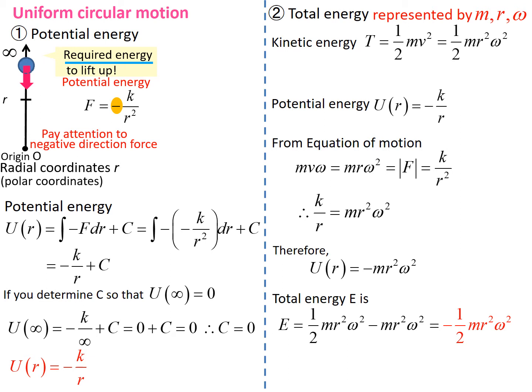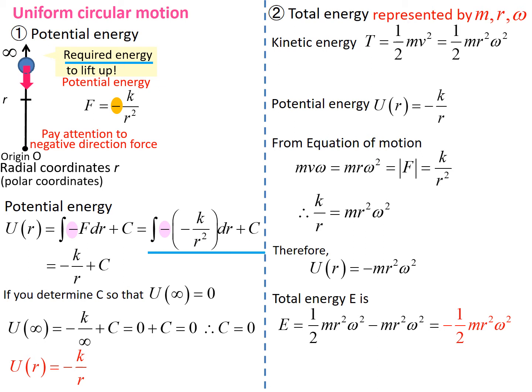The potential energy for the central force can be calculated in the form of an indefinite integral, integrating -F at position r. Don't forget the minus sign before F, coming from the above definition. Substitute F with the central force, -k/r².